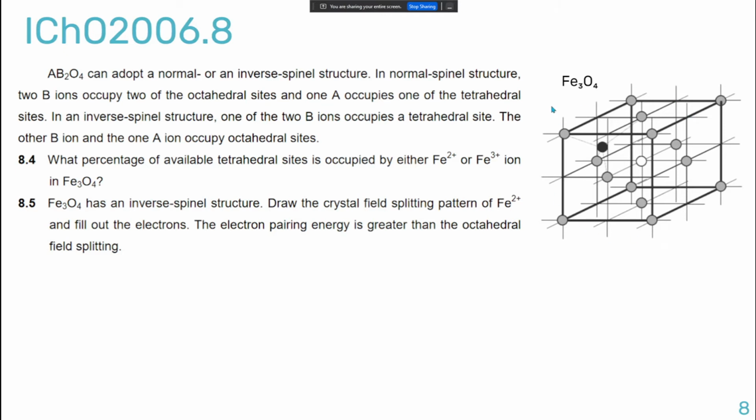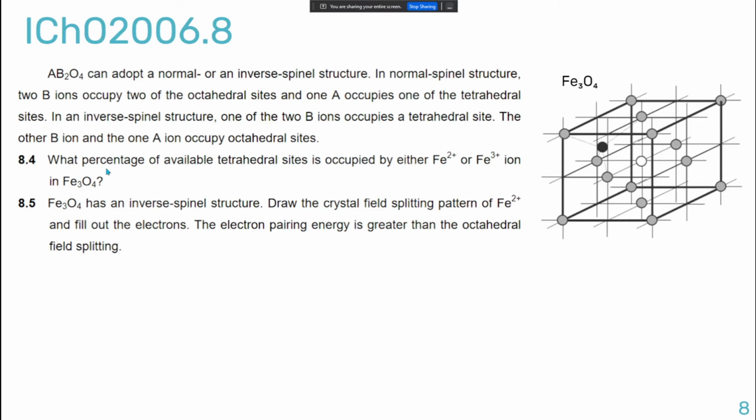Anyway, you are given some information about how the B and A type of anions, cations, occupy the sites. And you see that the terminology actually quite changed. Sometimes it's called a site, but I think in the latest problems it is called a hole.